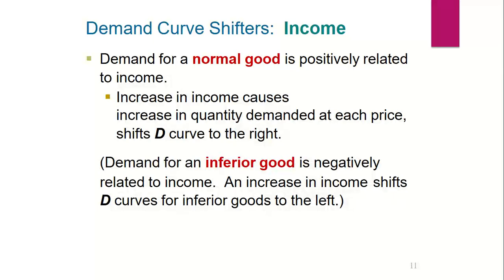If your income rises, you don't want to ride by bus, and your trips using the bus decrease with the increase in your income. So an inferior good is one for which, with an increase in income, consumption decreases. So that's why it shows the negative relation between income and consumption.